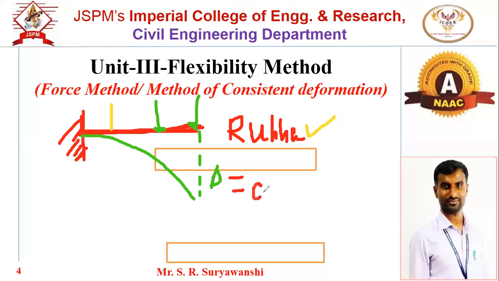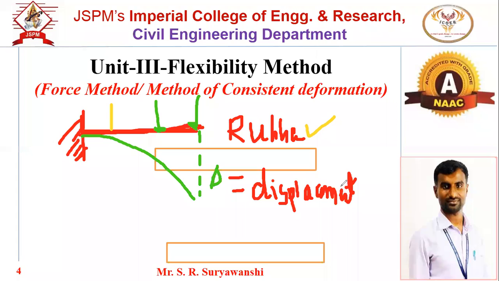In general, any body that is more flexible will have more displacement, isn't it? I'm not talking about the structural point of view now. Any body which is more flexible will have more displacement. Even when dancing we say how nicely he or she is dancing, he or she is very flexible.